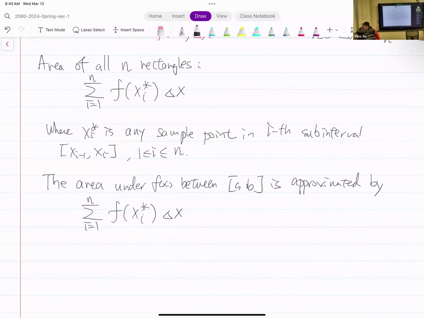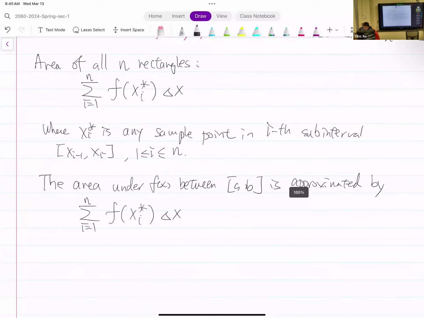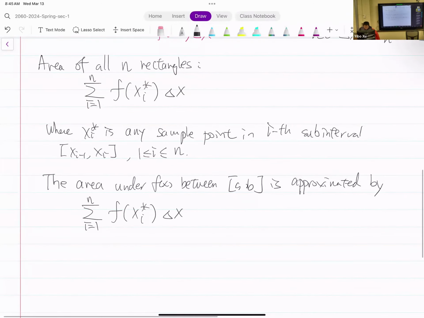But then we can make n go to infinity. Okay, so this is basically using the fact that the more subdivisions that we use, the better the approximation will be. The function is continuous.